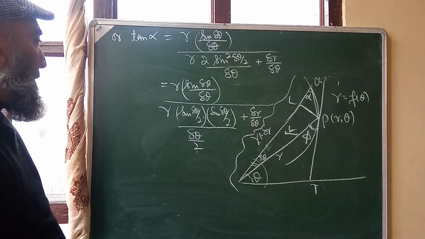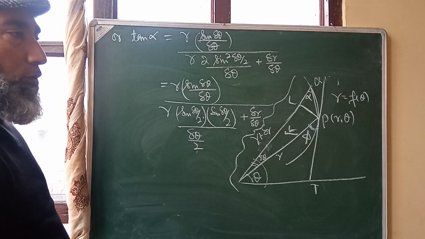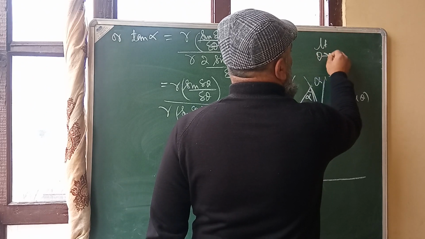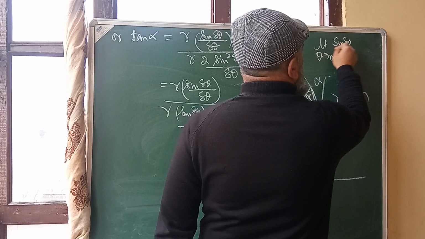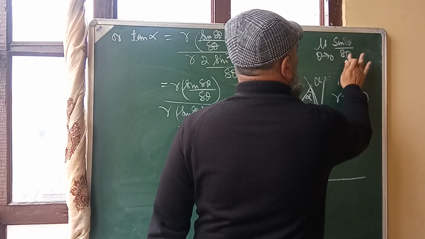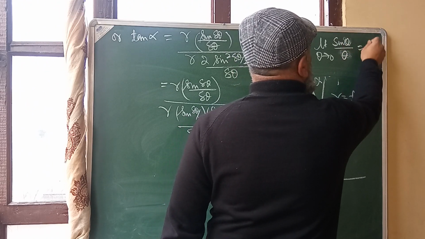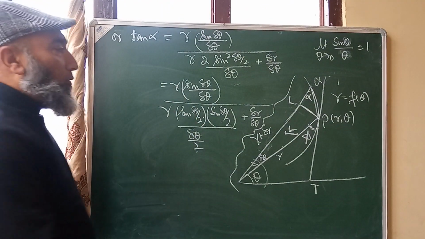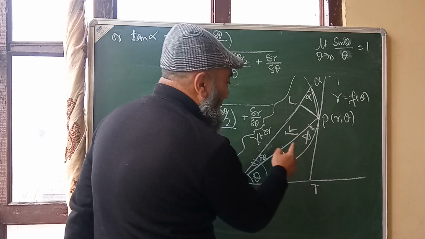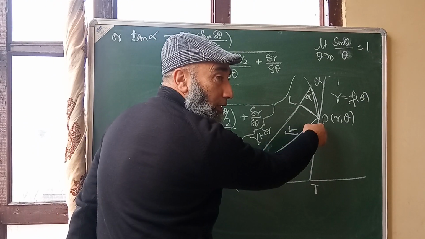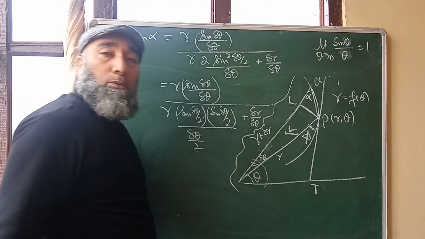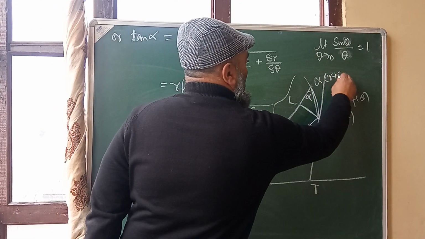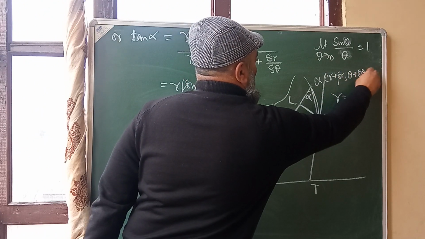Okay. Now we have 2 now. See, you know the limit as theta approaches 0 of sine theta by theta is 1 always. I will be using this. For that, I have to find the angle between tangent and radius vector at point P, because the tangent is at the point P. This is the point R plus delta R, theta plus del theta.